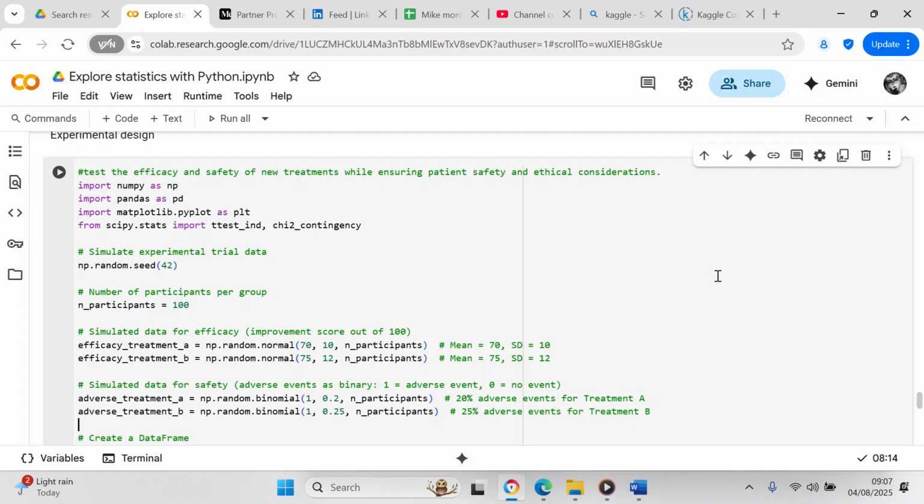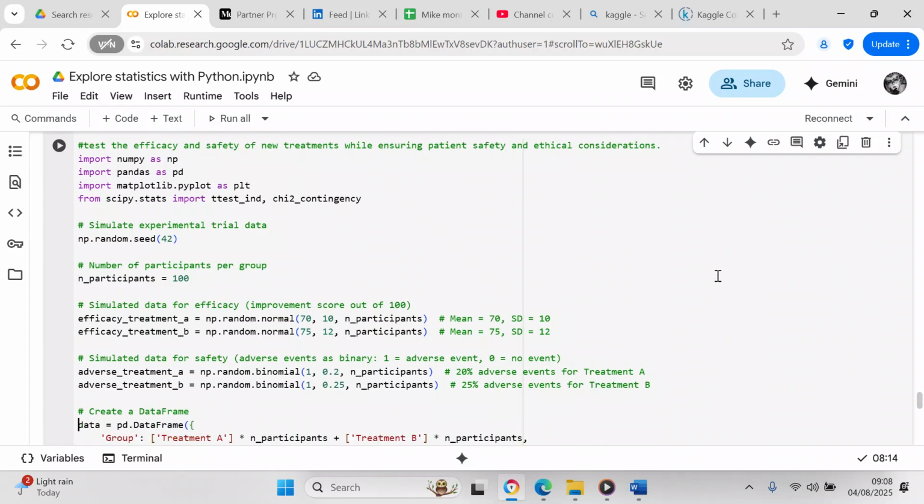A binomial is a binomial distribution, and a binomial distribution has one of two outputs: yes or no, 1 or 0, on or off, true or false. So it's going to be 20% adverse events for treatment A. Then we have adverse_treatment_B equals np.random.binomial(1, 0.25, n_participants). That means 25% adverse events for treatment B.